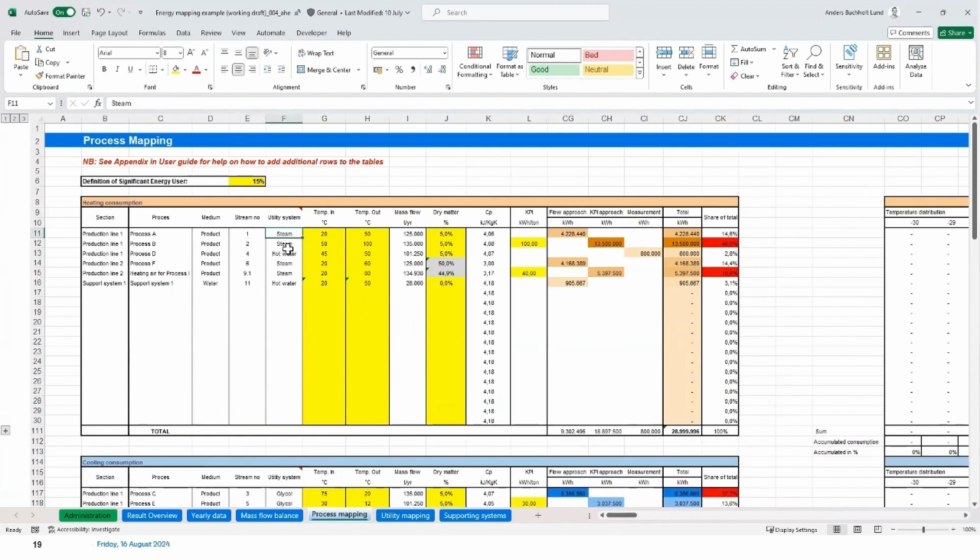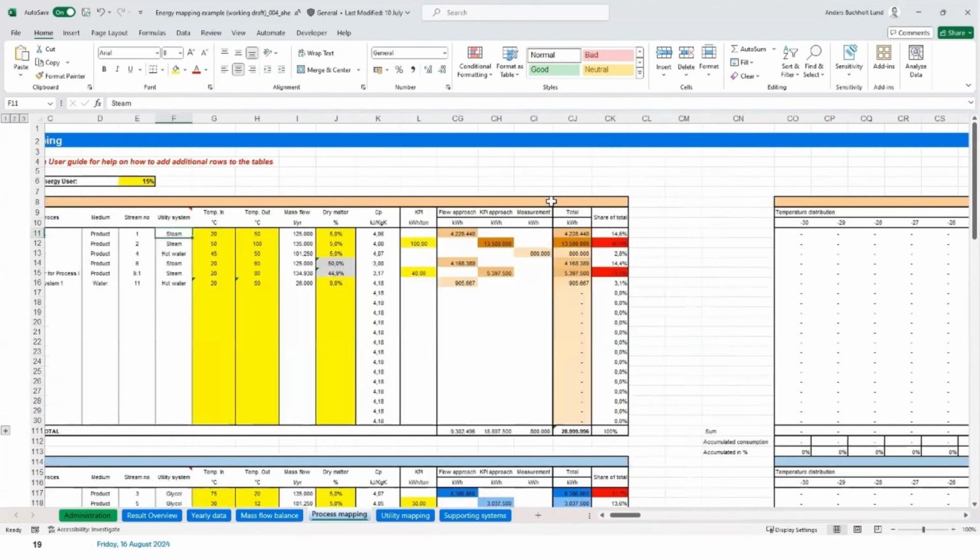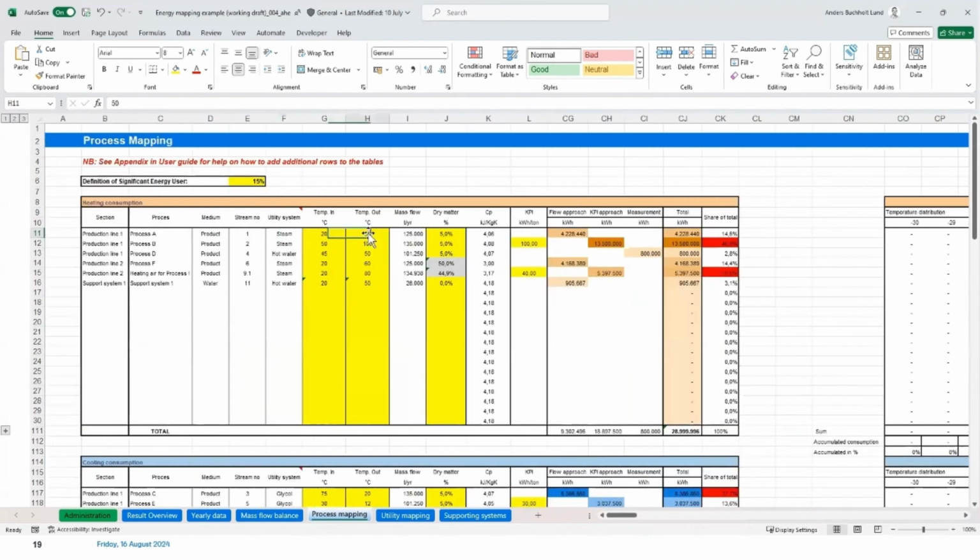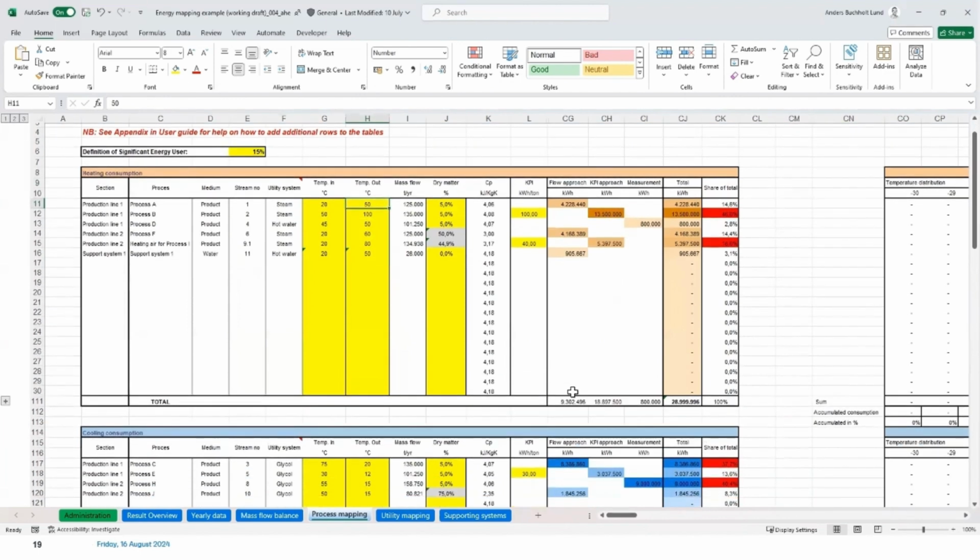You have to describe the utility system as well, and the inlet temperature and outlet temperature. Then it will summarize the different energy consumptions of the different approaches and the total heat consumption here.